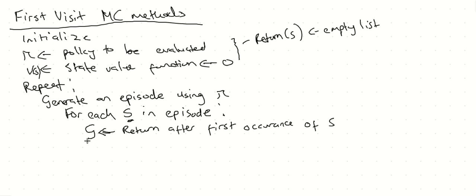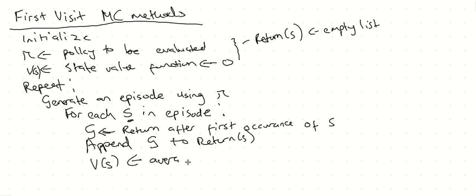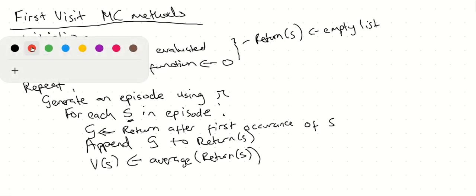So we're going to append G to Returns(S), and then V(S) should be the average of the returns. So we need to average out the returns. That's how we do these things with the first-visit Monte Carlo methods.